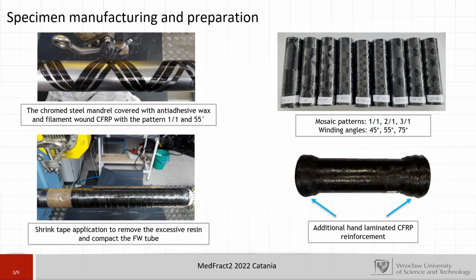In this research, we manufactured one layered composite filament wound cylinders. We used a chrome steel mandrel, which we covered with adhesive wax for better demolding, and the filament wound fiber reinforced plastic was wound onto the mandrel.